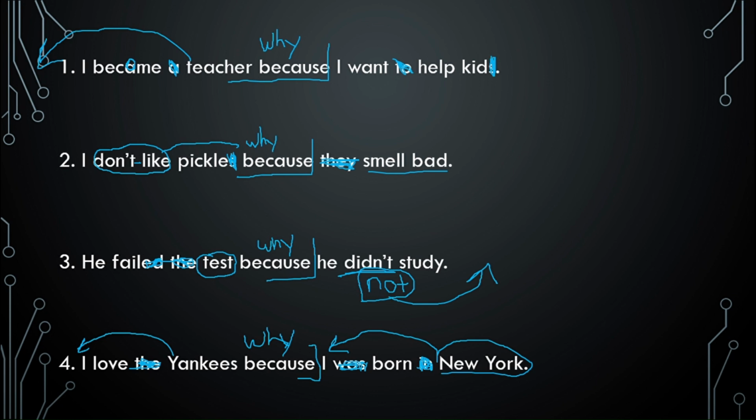Altogether, it would be Yankees, where it's fingerspelled, I, and for love, you would sign kiss fist, because there's not a deep connection to it. It's saying they are your favorite. So I would sign Yankees I, kiss fist, why, New York I born.